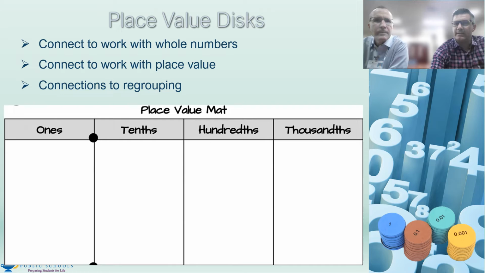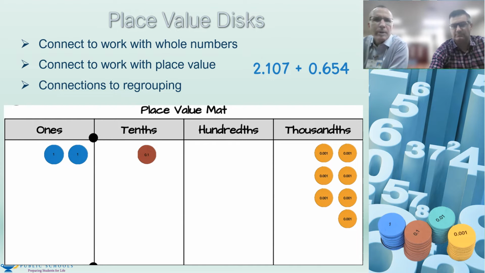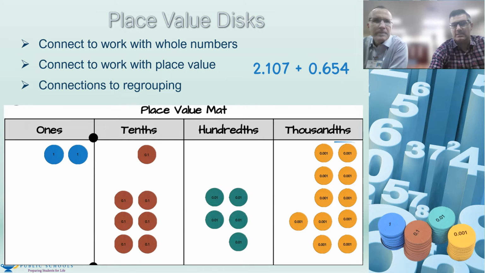All right, another great concrete tool that we can use is place value discs. And those are very handy because we can actually move them around, pick them up, and group them. Okay, I see this is the same problem as we used before, but now we're going to use the place value discs. So just like we did with the base 10 box, we can show making that group of 10 and trading that.